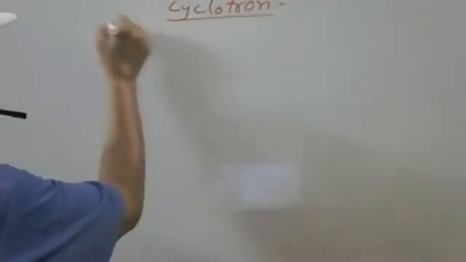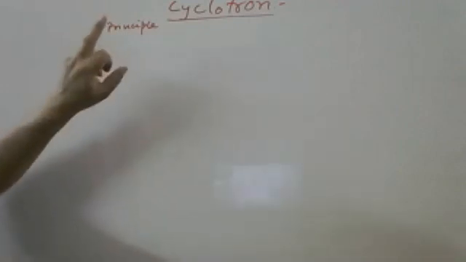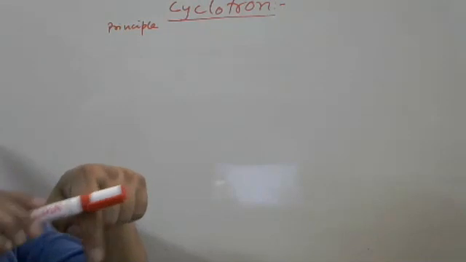And what is the principle here? The cyclotron principle: we have to pass the charged particle through the electrical field again and again with the help of a magnetic field, because we know the magnetic field cannot increase the speed and kinetic energy. It can just change the path. If the charged particle is passing through the magnetic field perpendicularly, it will follow a circular path only.